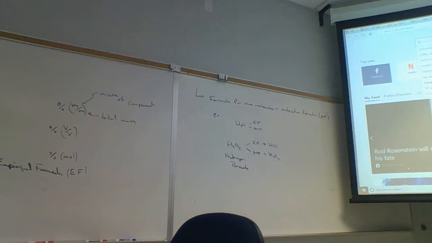Well, I'm just curious, how would you want to represent that? What do you think would be easier to represent the composition of the human body? A percent by mass, a percent by volume, percent by atom?